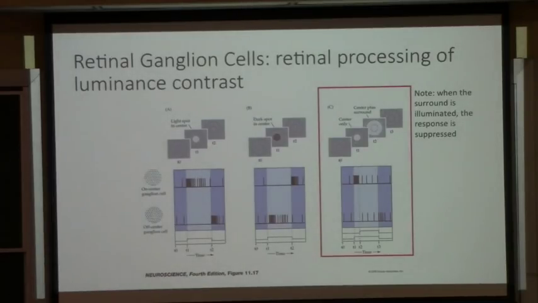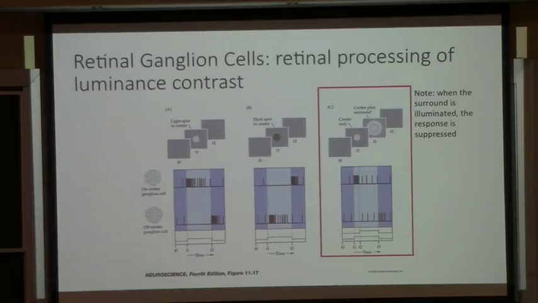Great. Moving on to retinal ganglion cells. Now I'm moving away from the cones and rods and a little bit deeper. You start sending the signal from your rods and cones to the retinal ganglion cells. These cells are pretty important, and this starts to touch on what you've learned in other lectures about receptive fields.